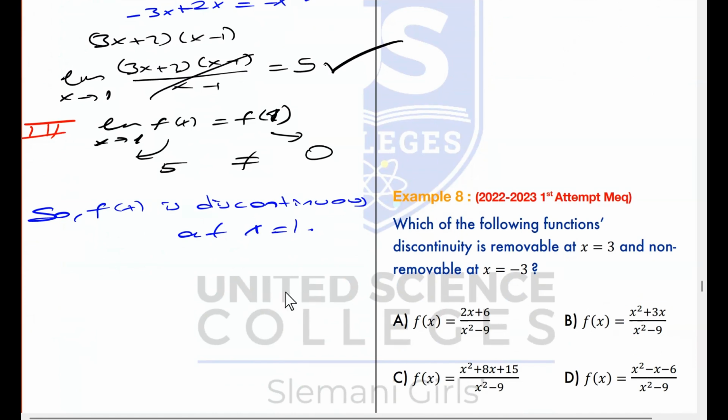What about the type of discontinuity? Does the limit exist? Yes. So since the limit exists, the discontinuity is removable.